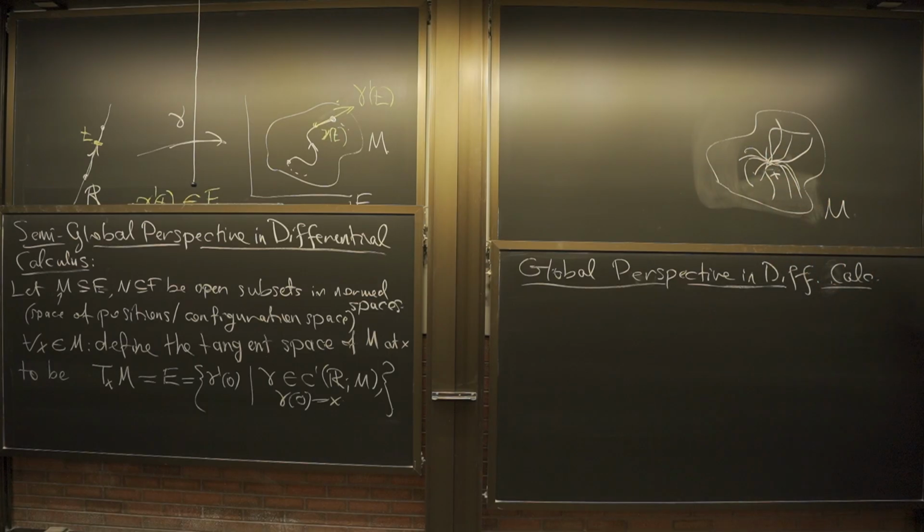And imagine somehow you get to talk about what it means for these paths to be differentiable. If you can talk about what it means for any one of these paths to be differentiable, you can talk about their derivatives at this point. The collection of all such derivatives is going to be the tangent space. So now you're not referring to the idea that M is a subset in E.